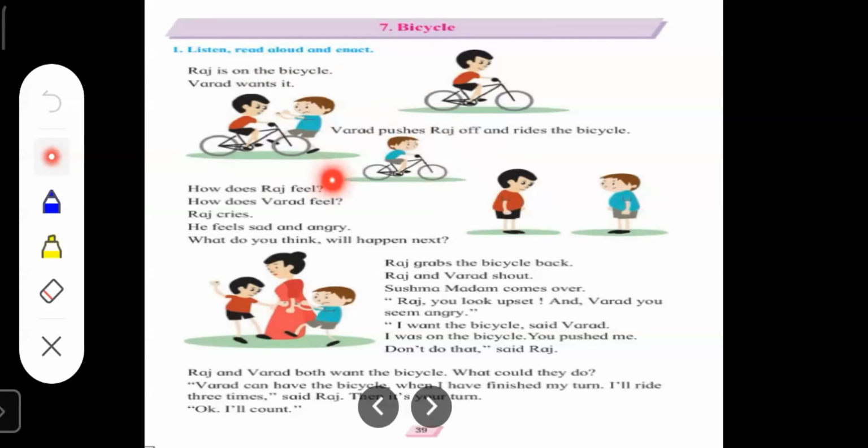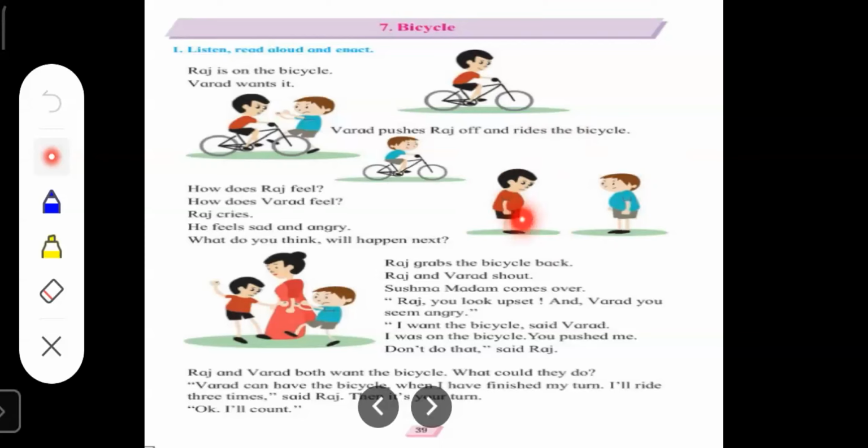How does Raj feel? How does Varad feel? Raj cries. He feels sad and angry. What do you think will happen next? You can see here both are looking sad and angry. Why is this happening, children?